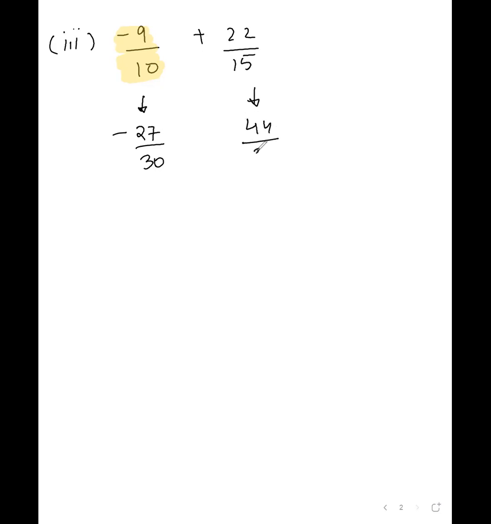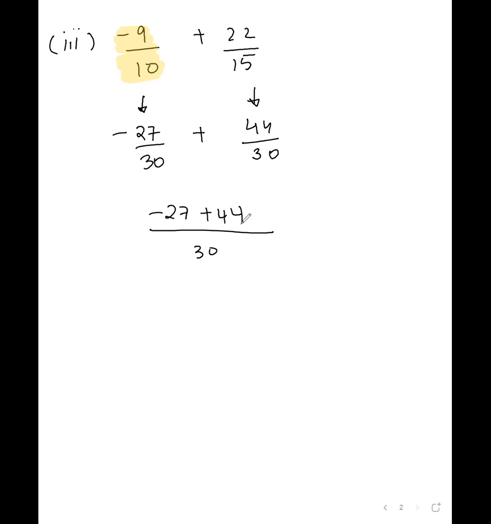Very good. 44 by 30. And then there is a plus sign in between them. So what do we do here? Is this fine? Yeah. Go ahead.